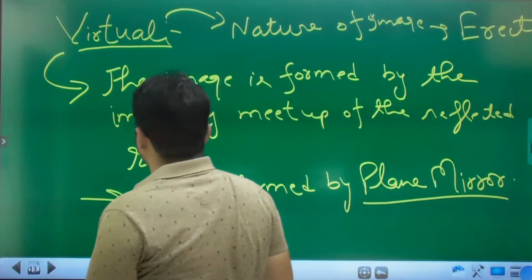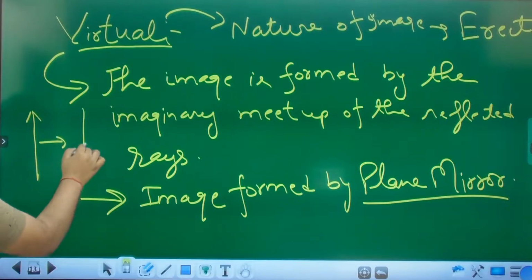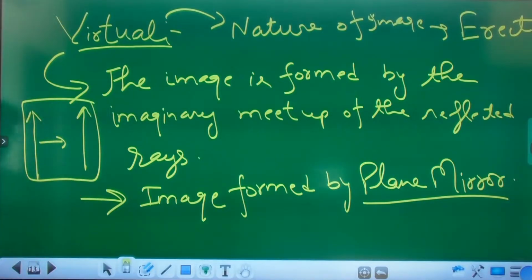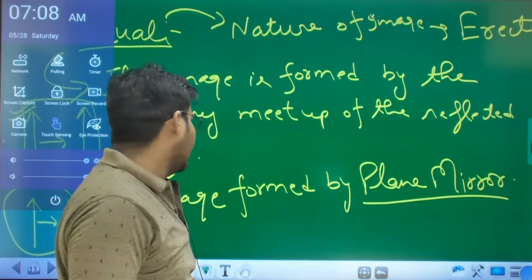Clear? Suppose this is an object, so the image of this object is also this type. Clear? So this one is the erect image. If we talk about the erect image and inverted image, this one is your inverted and this one is your erect image. Clear?